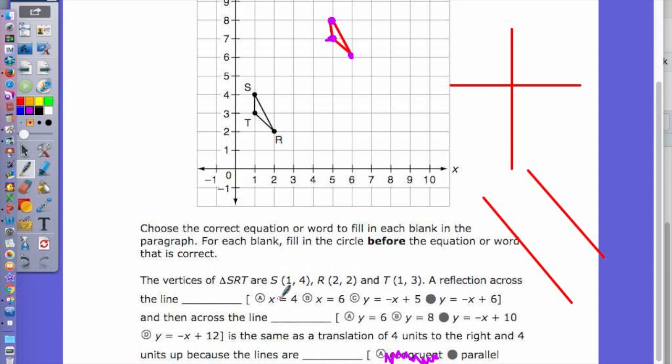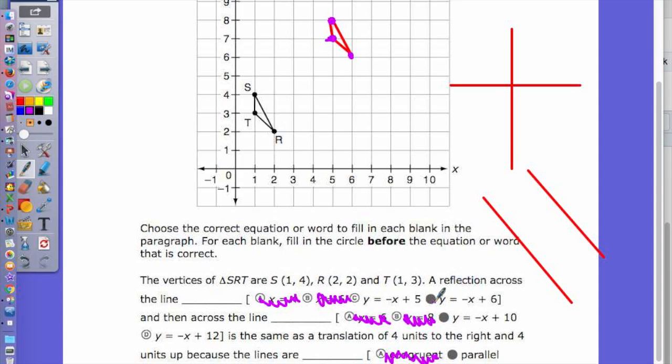If I reflect over a line, x equals something, and I want to reflect over two parallel lines, my second choice has to also be x is equal to something, correct? So I can't use either of these because I don't have another line here that says x is equal to something. And the same thing with the y's.